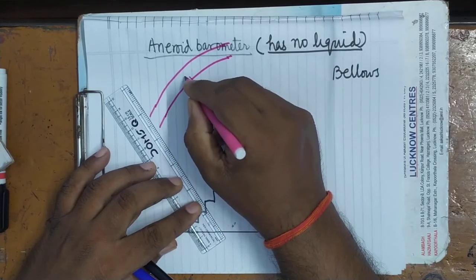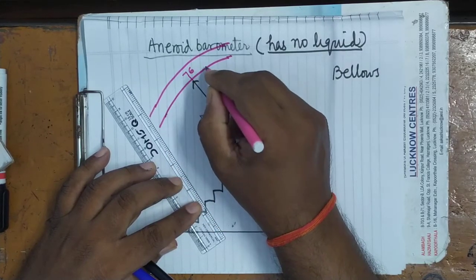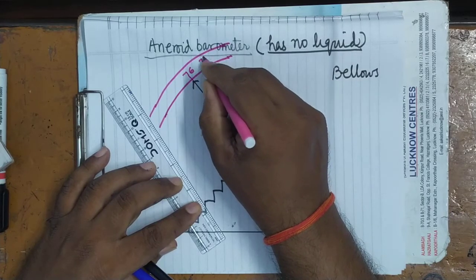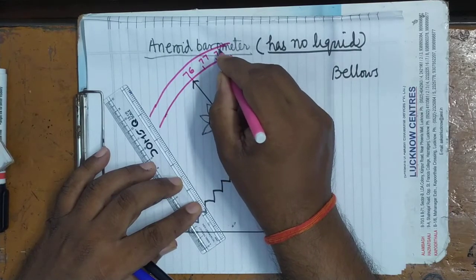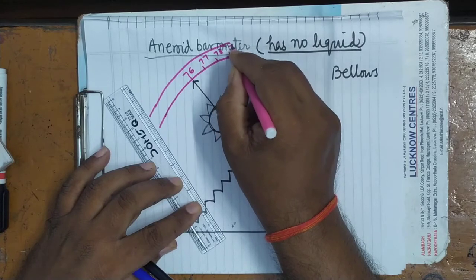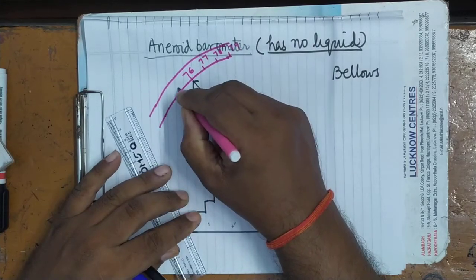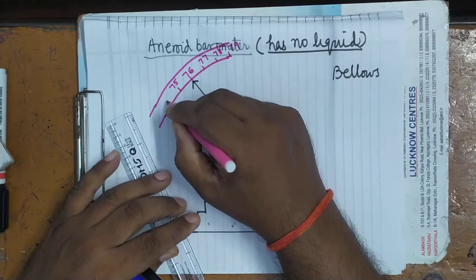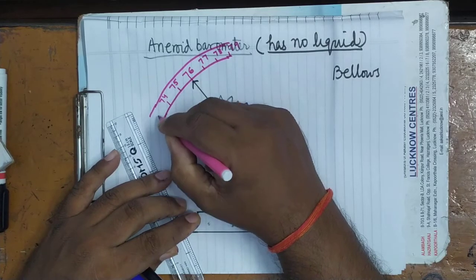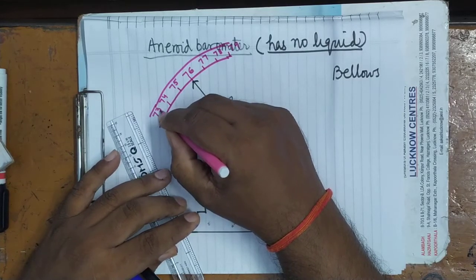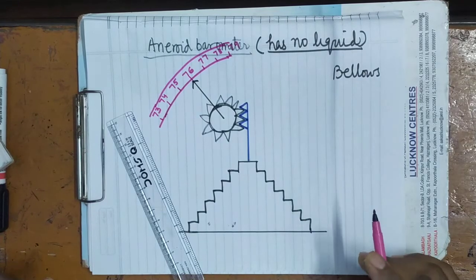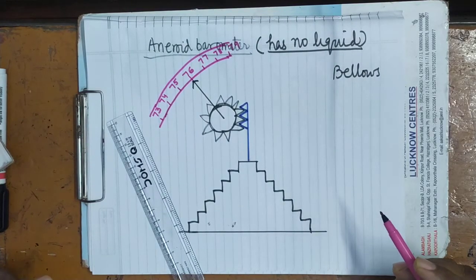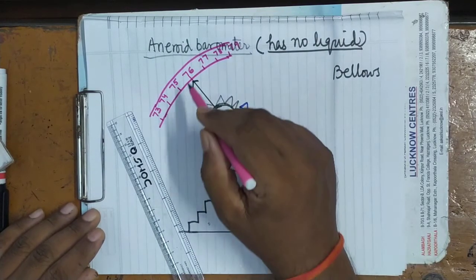At this moment it is coinciding with 76 centimeter. This is 77, 78, 79. On this side it is 75, 74, 73, like this.